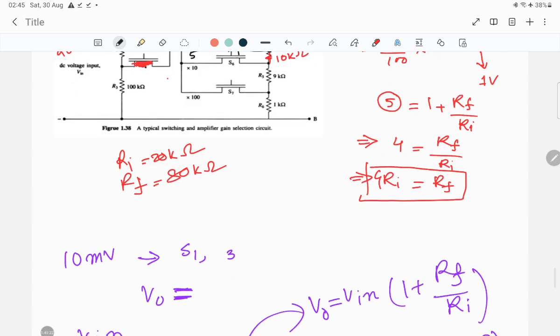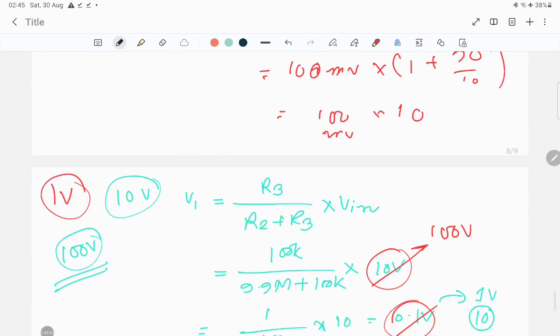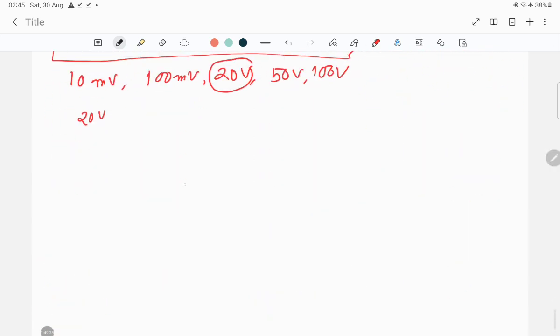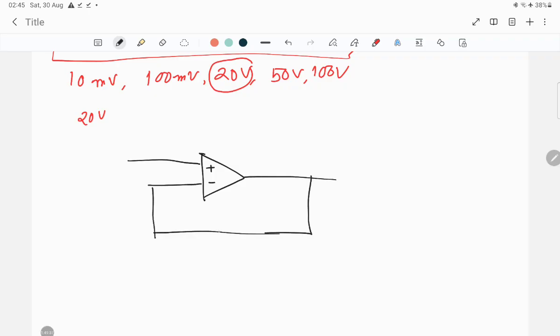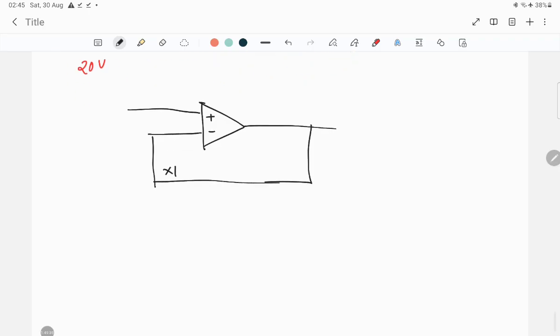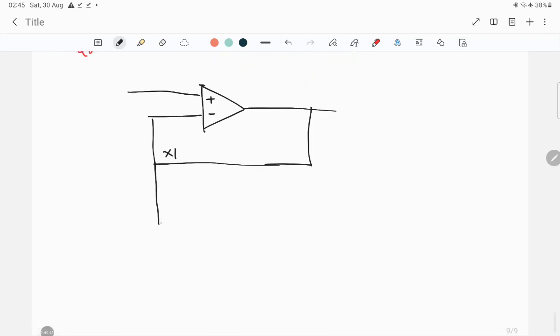So if I try to rebuild the circuit, it will look something like this. These are the parts, they are the same. This is the first part where the gain factor is 1, then there is a gain factor of 5.